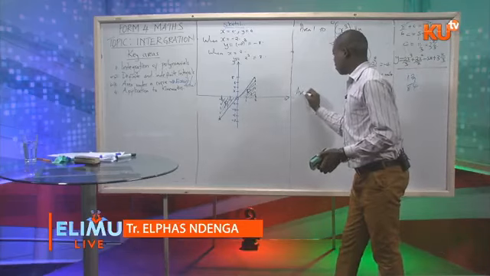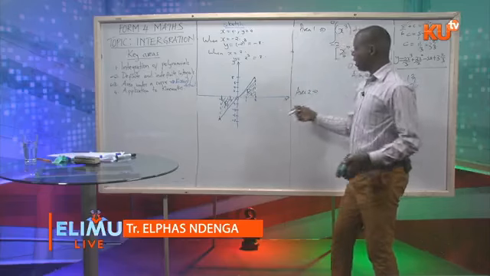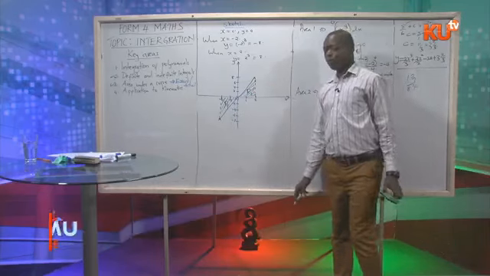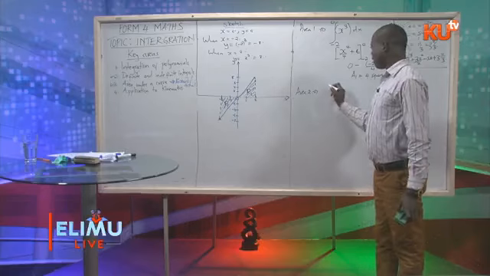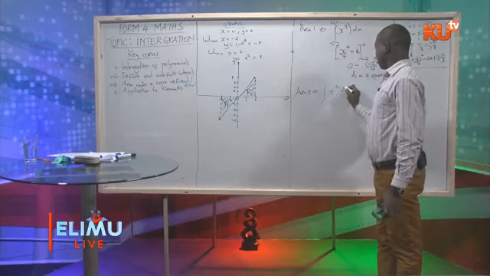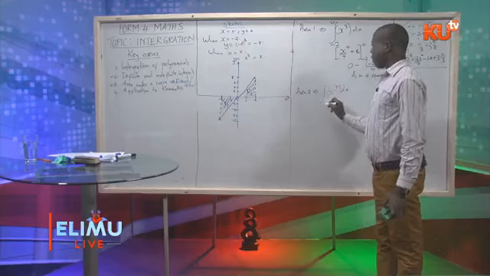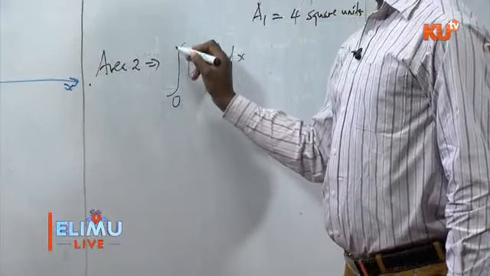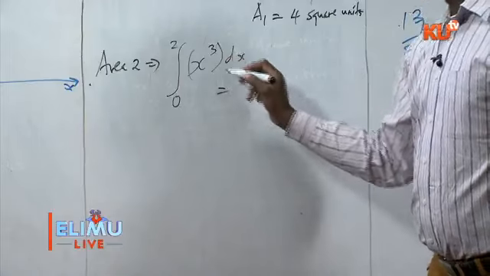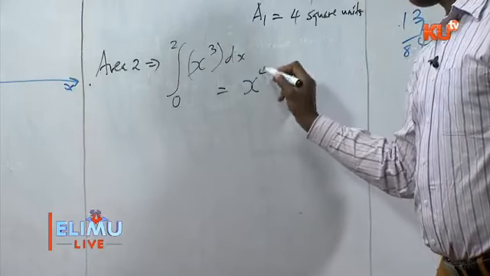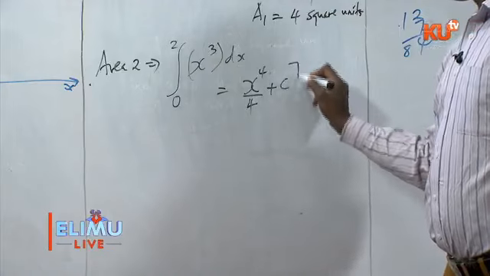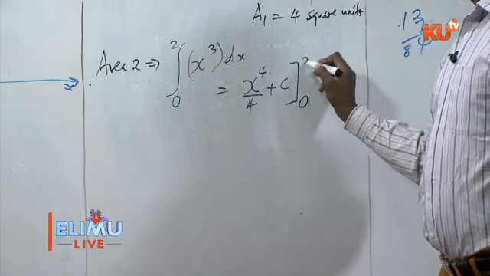Go to area 2. Area 2 now is the region enclosed from x is 0 to x is 2. We integrate x cubed dx from 0 to 2. When you integrate this, you have x power 4 over 4 plus c, again from 0 to 2.